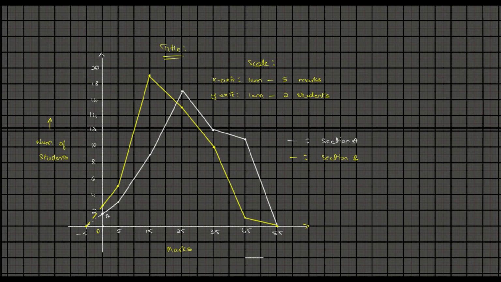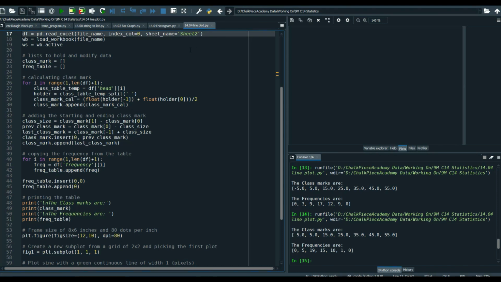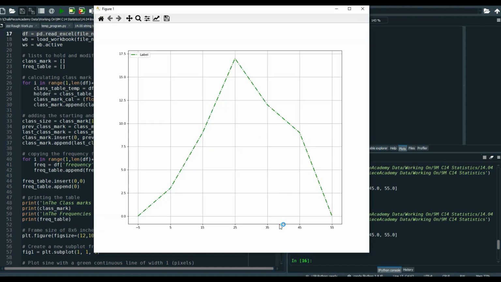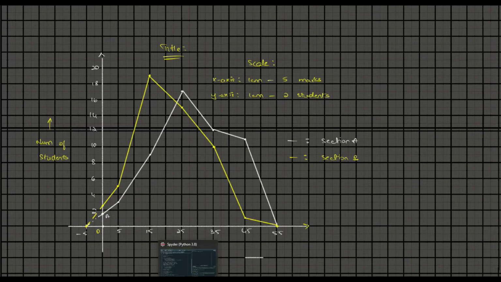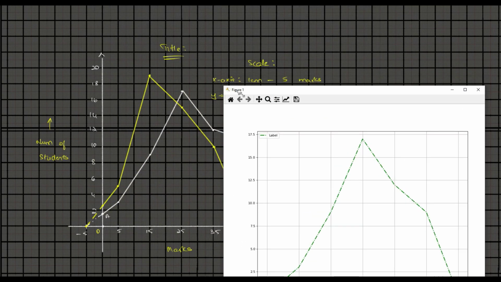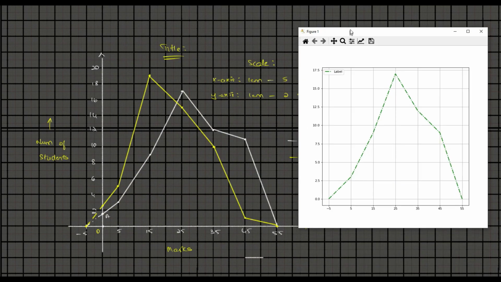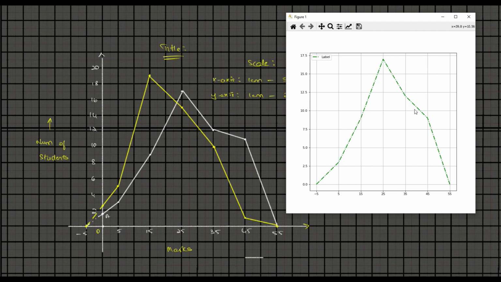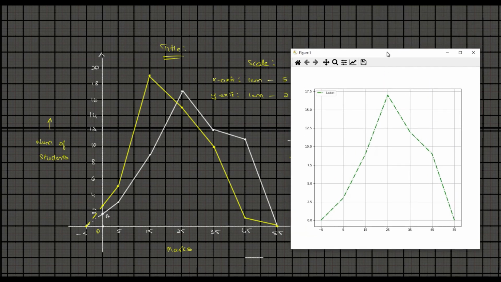So let's look into the simulated version of this. First I'll go over section A. So this is your graph. Let's see if it matches. You think it matches? I think it does. Okay, I'm looking at the second one. Right, we can see that it matches. If I compress it, the height is same, right?